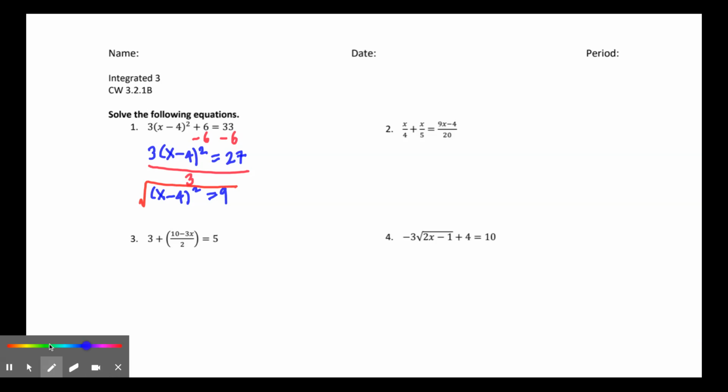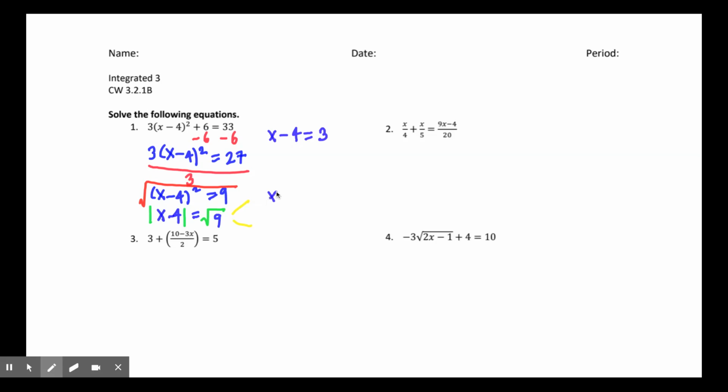And then we get the absolute value of x minus 4 equals the square root of 9. And then from there, you want to make two equations. So the first one is x minus 4 equals positive 3, which is the square root of 9.